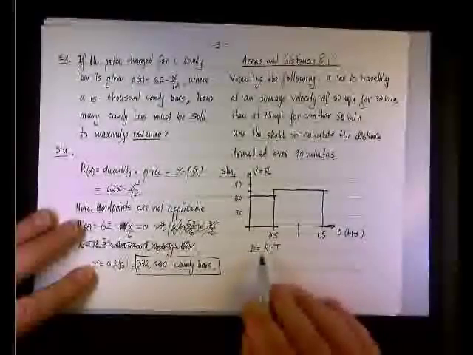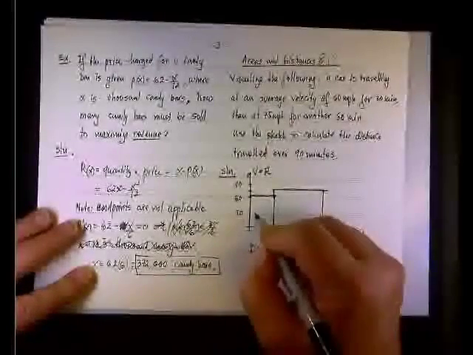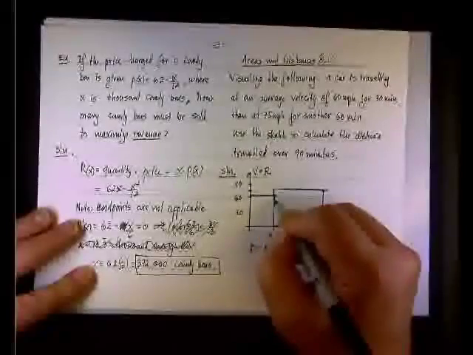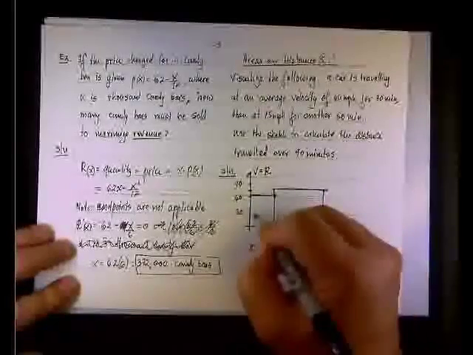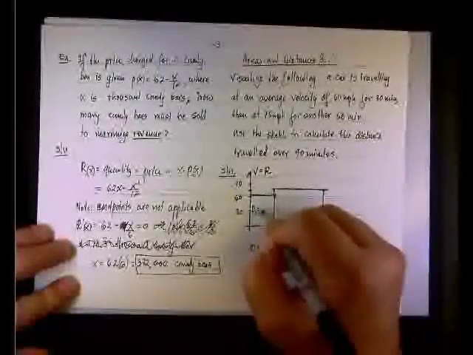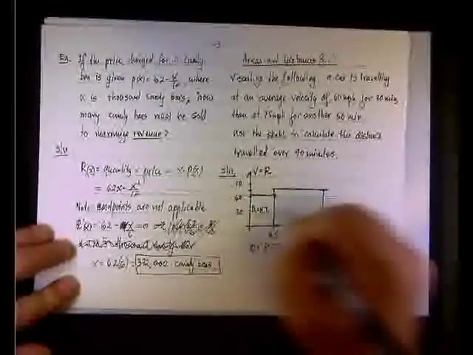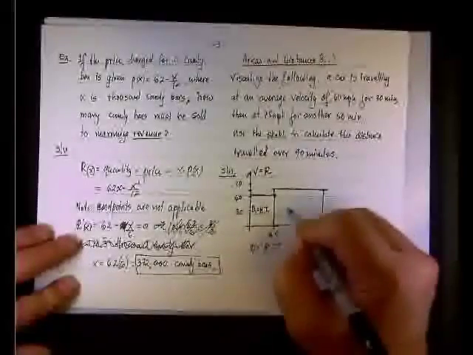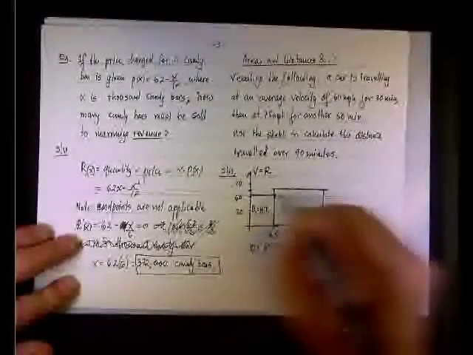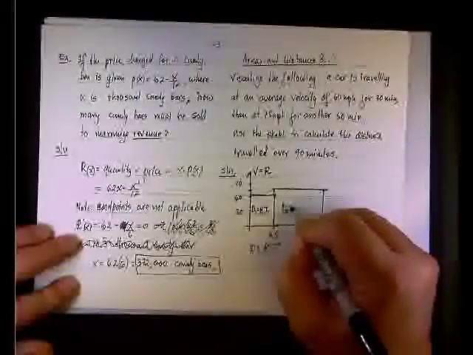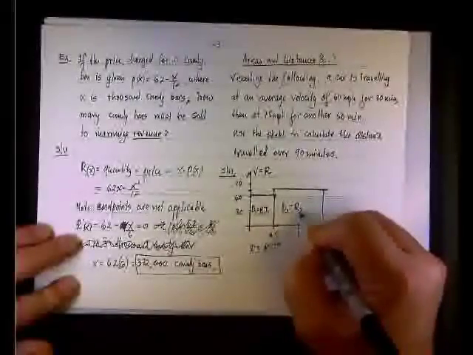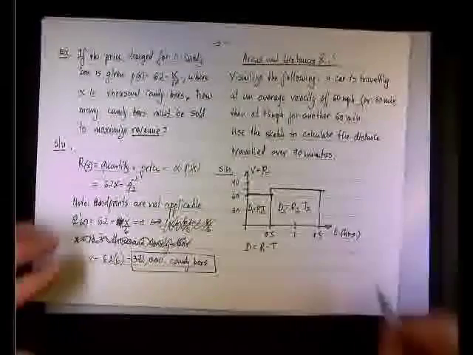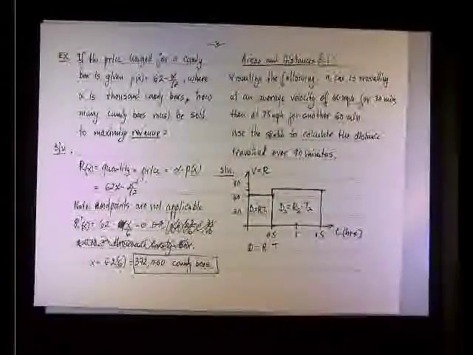So the area of the first rectangle, D1 equals R1 times T1, and the area of the second rectangle will be D2, a product of R2 times T2.